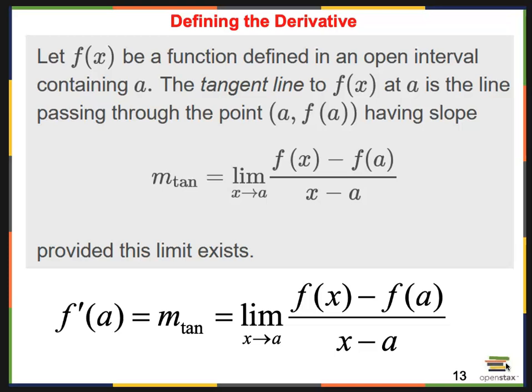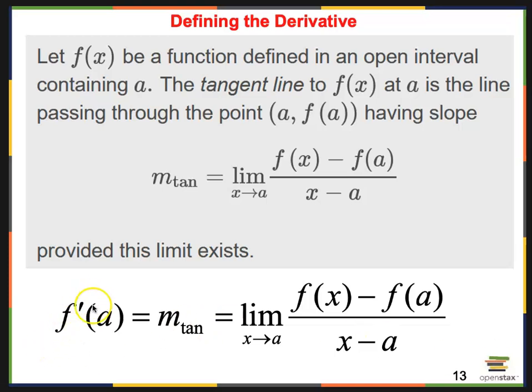That's our difference quotient, as x approaches a, provided this limit exists. And that's important as well.